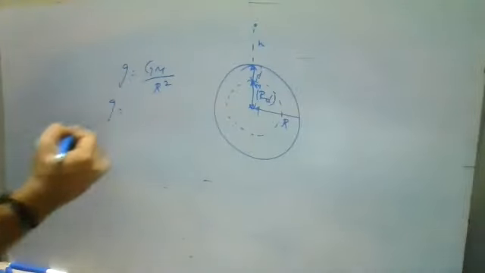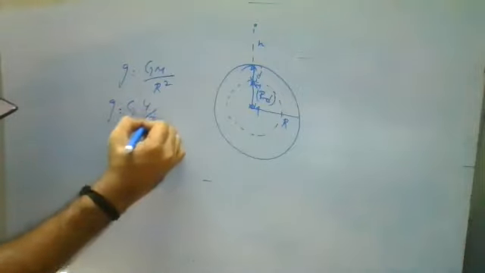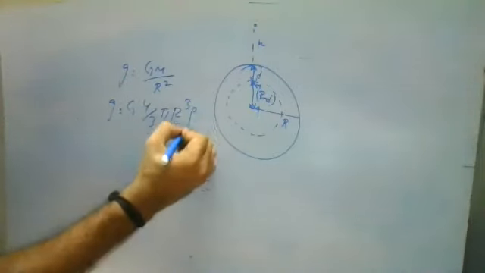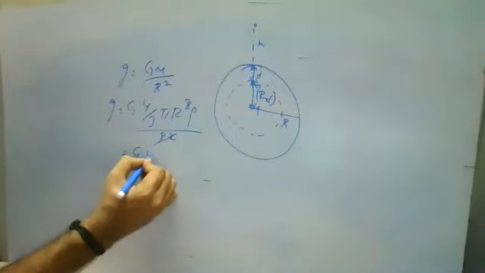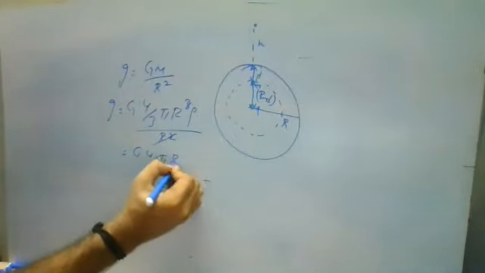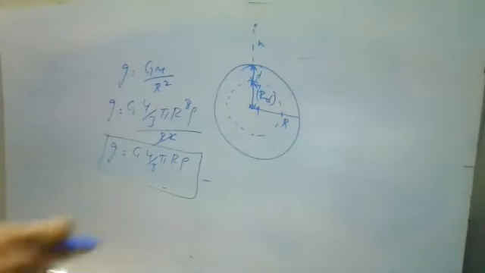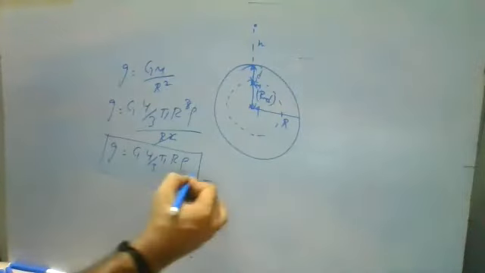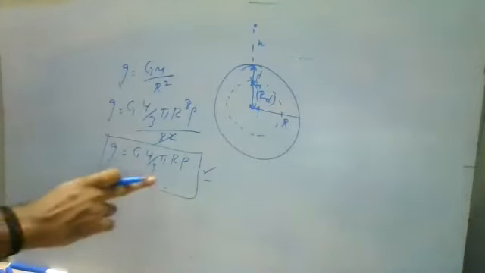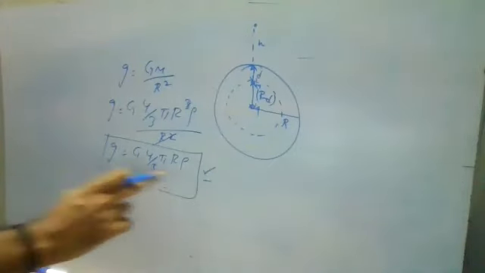So g on the surface is G into 4 by 3 pi R cube rho by R square. R cube and R square cancel out: G into 4 by 3 pi R rho. Note this relation for the surface with respect to density: g is equal to G 4 by 3 pi R rho.